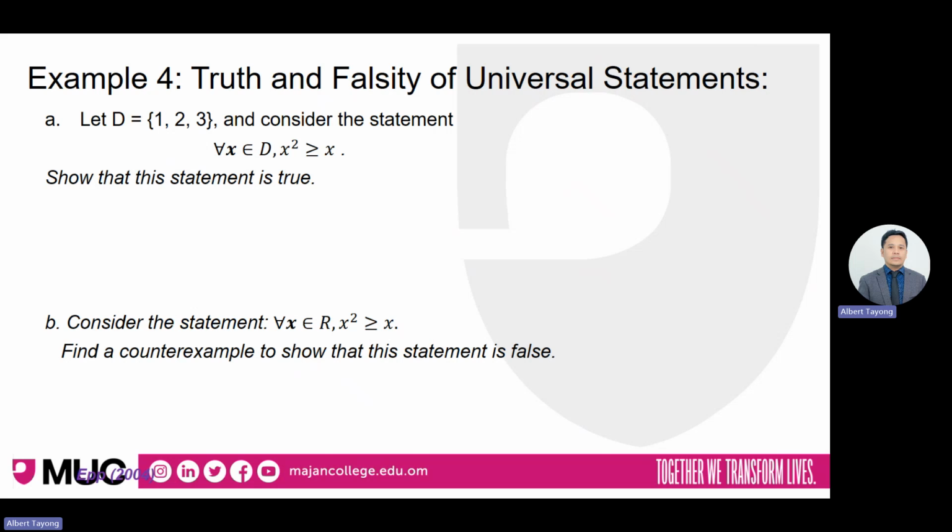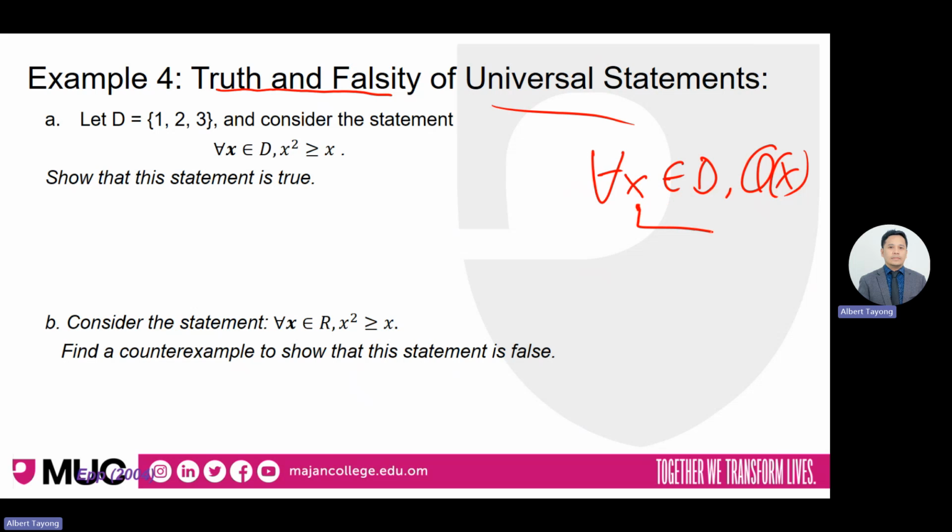Okay, so let's now proceed to the truth and falsity of universal statements. As I mentioned, when we have it like this, it is only true if all the values of X satisfy our predicate form or our statement. Here, this is our predicate form, which is now a statement. If we don't have this domain, it is just a sentence.